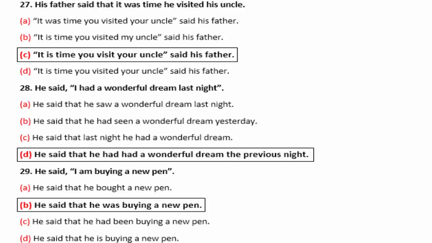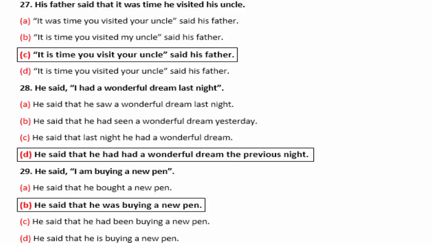Sentence number 27. His father said that it was time he visited his uncle. This question is an indirect sentence, and you have to choose the direct sentence out of these four options A, B, C or D. Option number C is correct here. It is time you visit your uncle, said his father. Sentence number 28. He said, I had a wonderful dream last night. Option number D is the correct option. He said that he had had a wonderful dream the previous night.